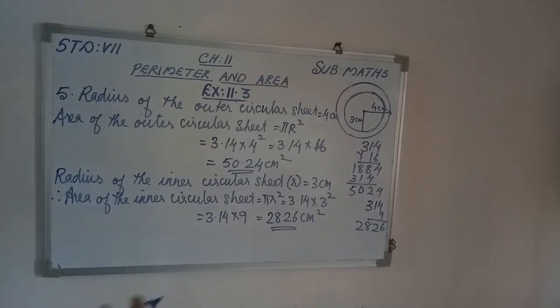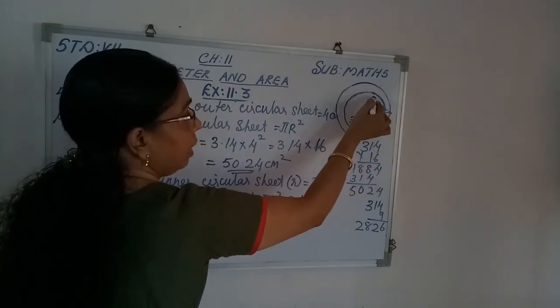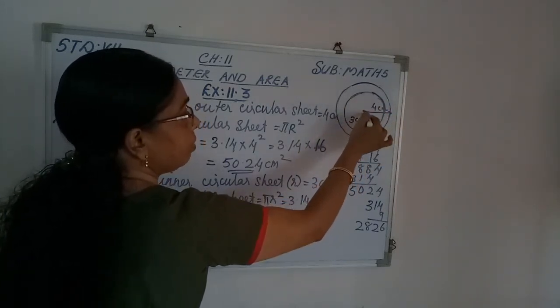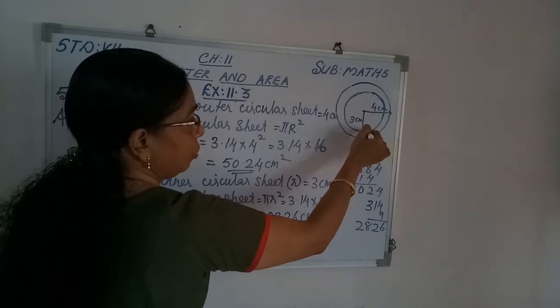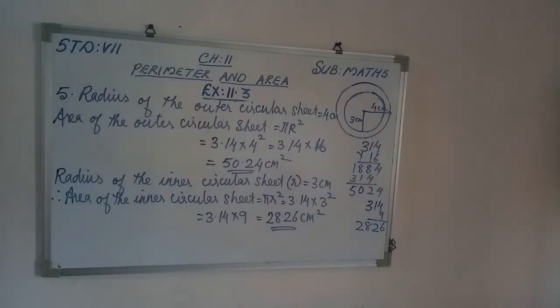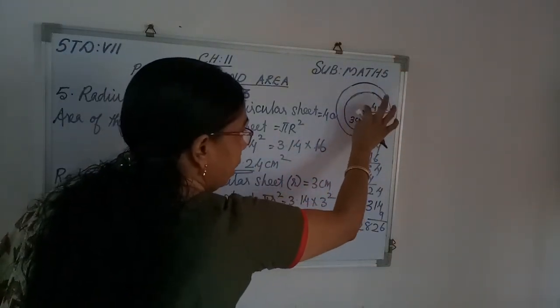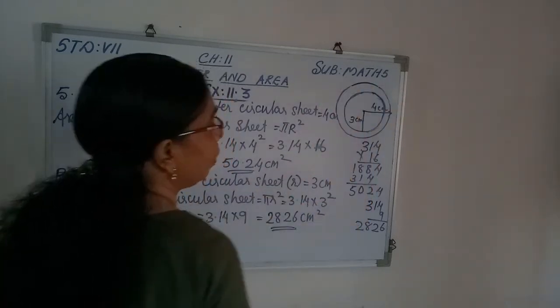So what is given in the question? From a circular sheet of radius 4 centimeter, another circular sheet of radius 3 centimeter is cut. So you have to find out the area of the remaining sheet. How do you find it? You have to subtract the area of the inner circular sheet from the area of the outer circular sheet.